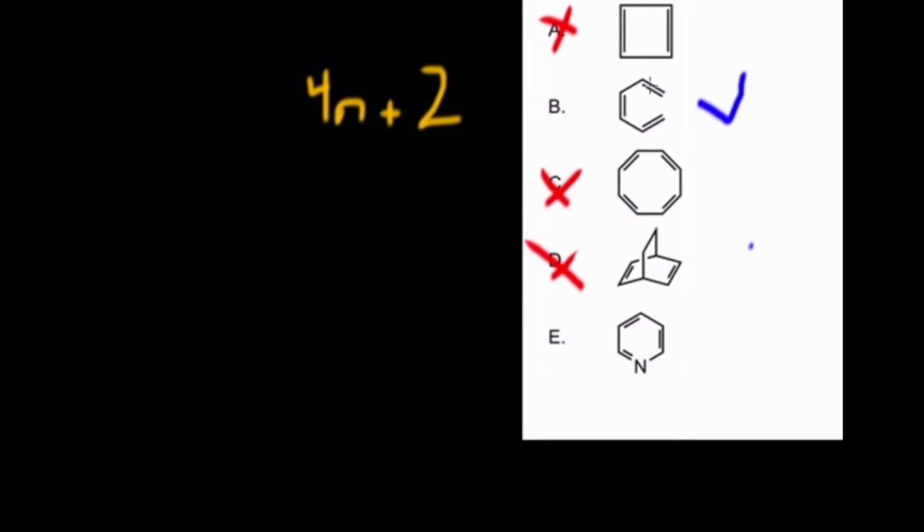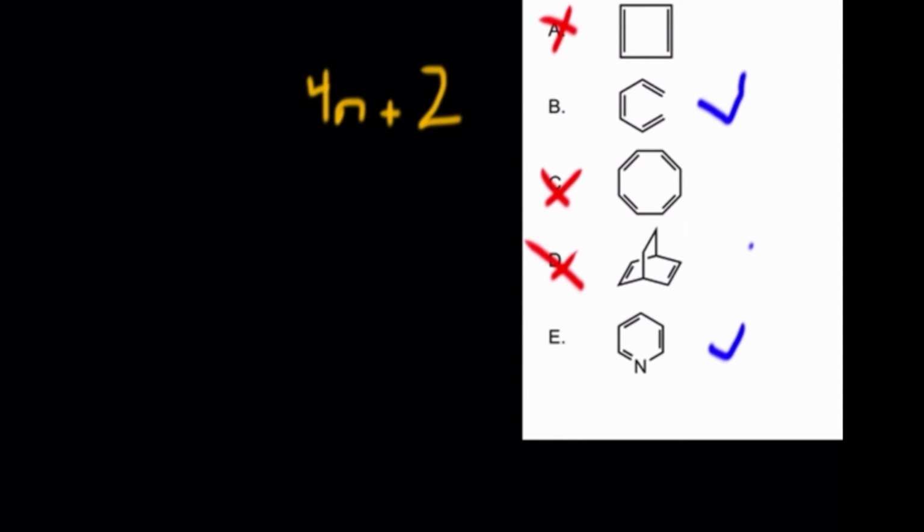As we can see, we have 3 pi bonds in B. We also have 3 pi bonds in E. So we are going to consider E. So we're considering B and E. We've eliminated all the rest of the options using this Huckel number of pi electrons.